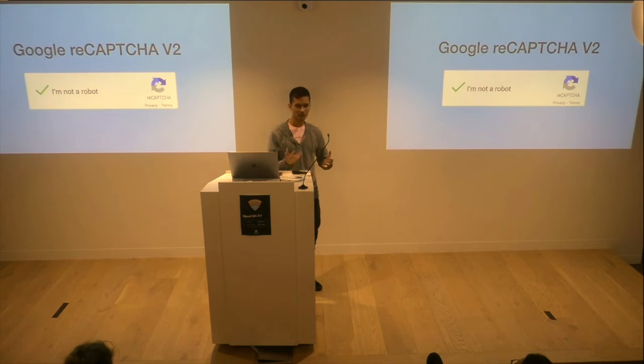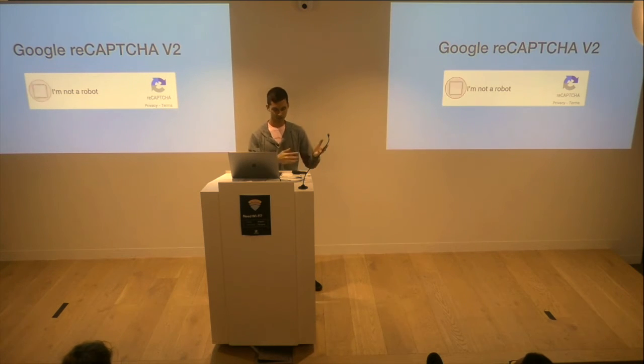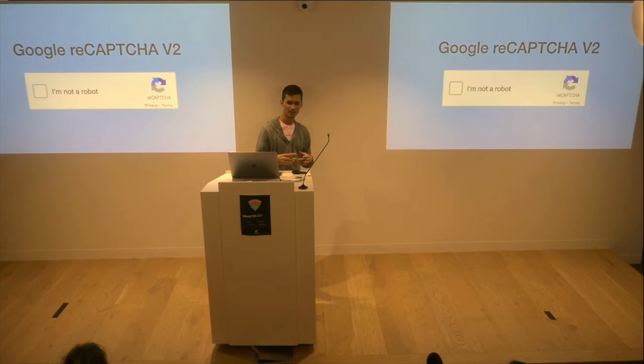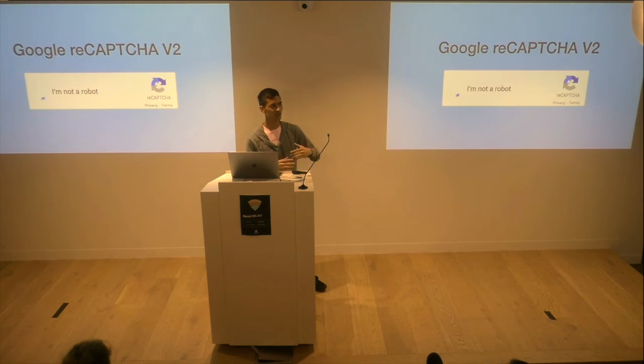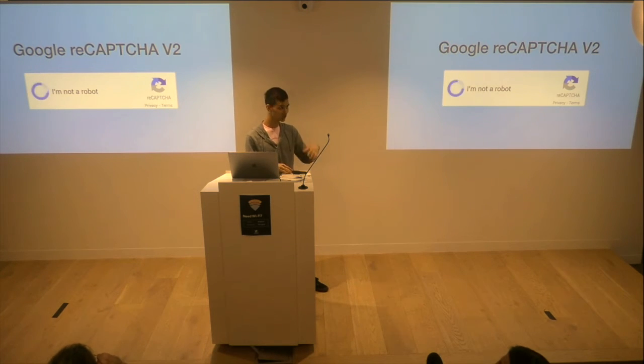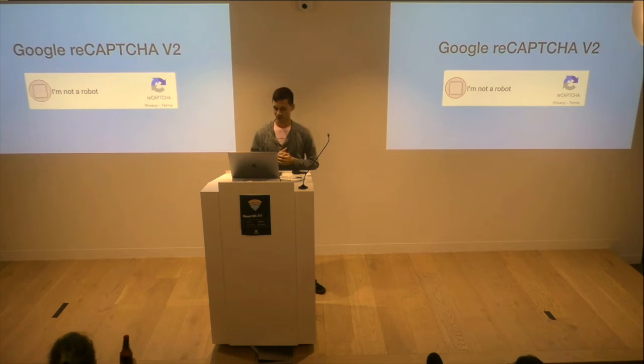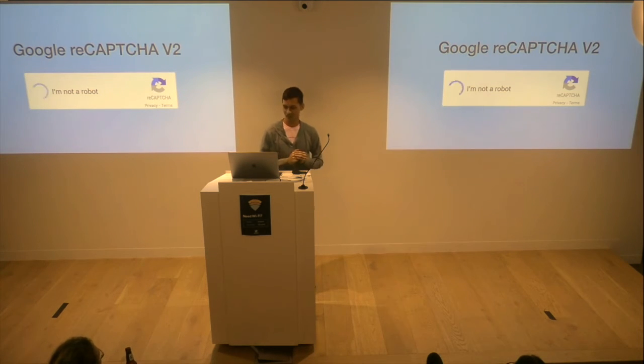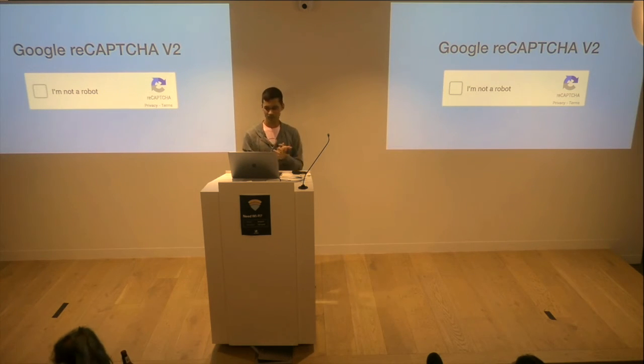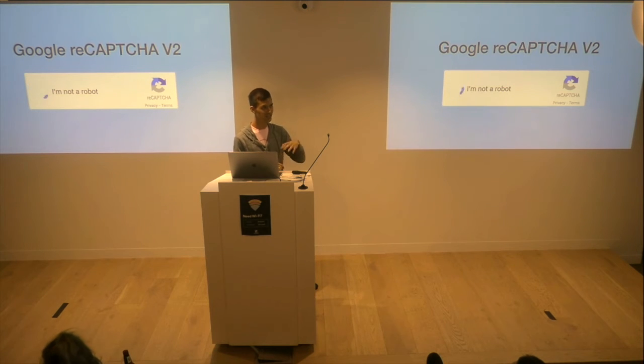It checks things such as hovering on the actual box, and apparently it also uses your connection to Google services. If you are logged into a Google service, you'll have a Google cookie, and it can check some of those cookies and think, oh yeah, I know you, which is a bit creepy. But that's some of the parameters that it uses to detect that you're human.